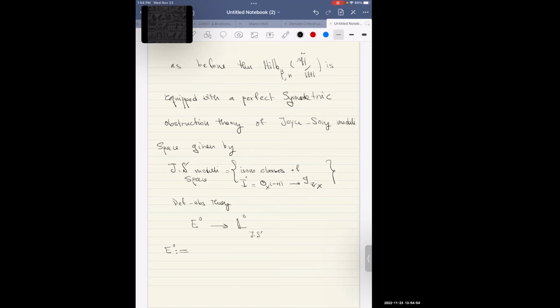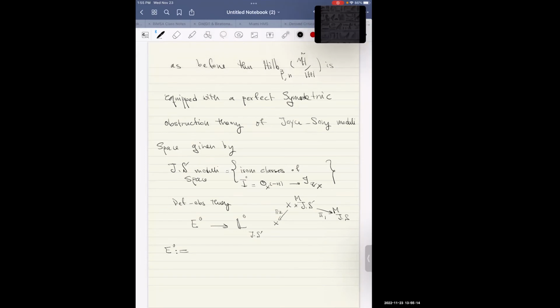So if I have the Joyce-Song moduli space, let's call it M_J of s, it has a map to X. This is pi 1 and pi 2. So this is the moduli space of Joyce-Song.